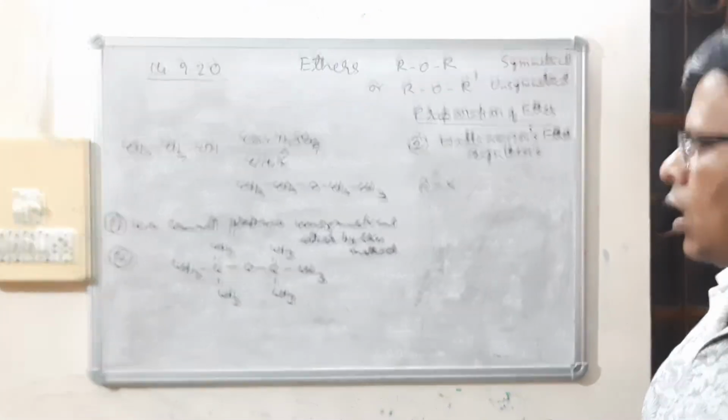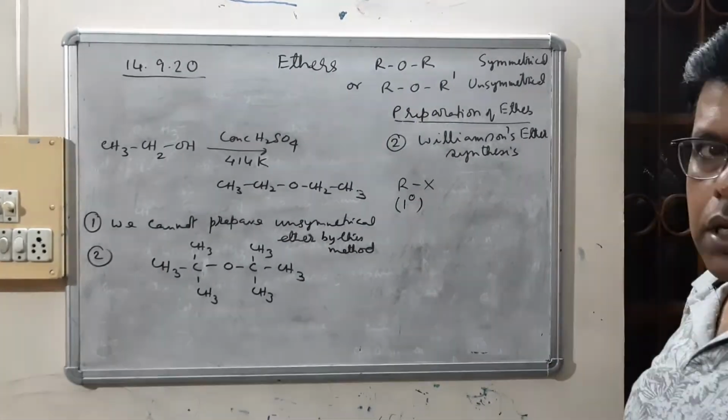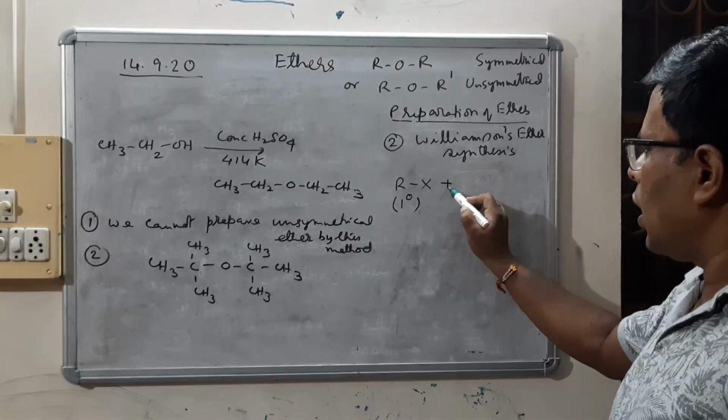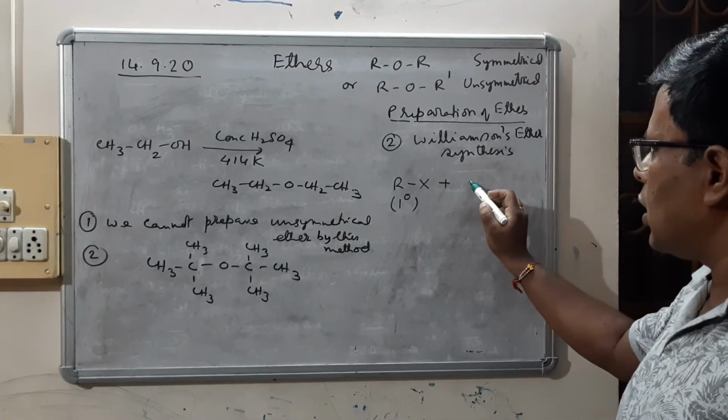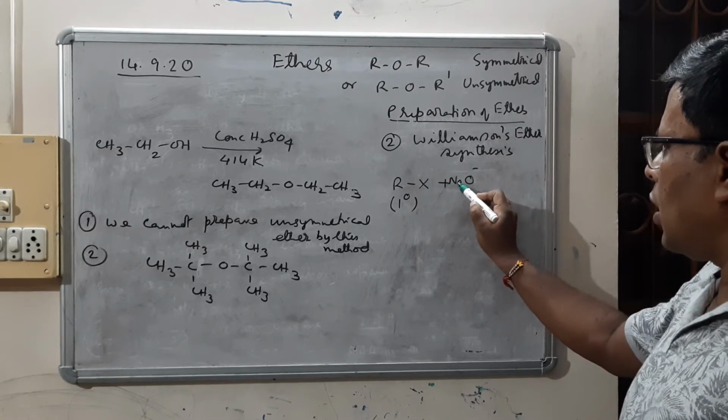halide, and the alkyl halide has to be primary, 1 degree, and a sodium alkoxide, so RO minus Na plus.